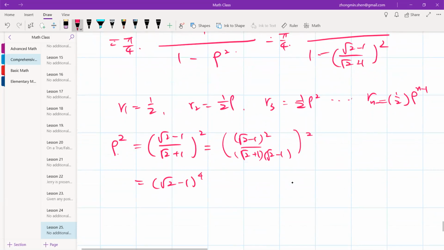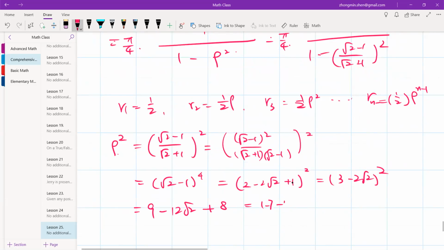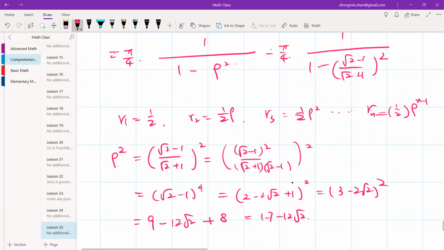Okay, so you can square, you get 2 minus 2 square root 2 plus 1, then square. So it's 3 minus 2 square root 2 squared, and that is going to be 9 minus. Okay, so that's what you get.